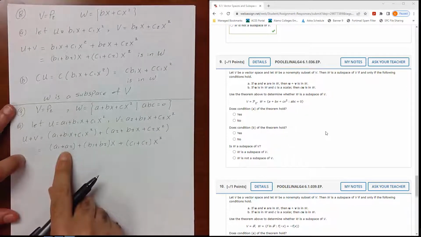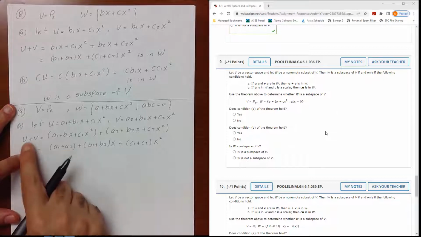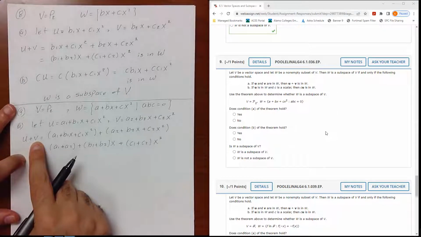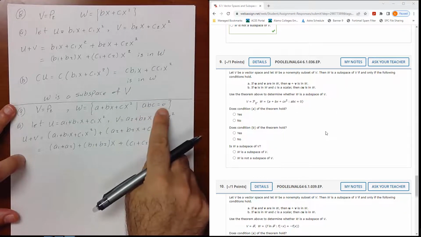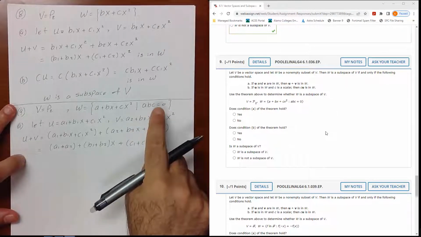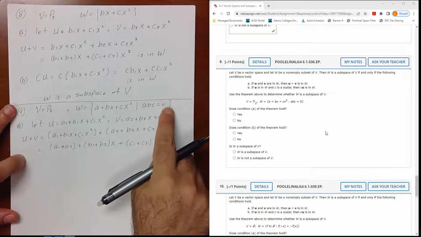Now that's U plus V, but we need to check, does this product equal 0? That means the first element times the second one times the third one equals 0. You can't say that this is equal to 0.